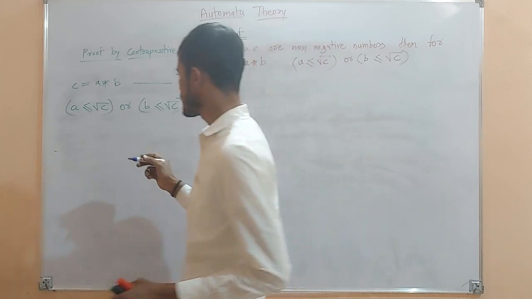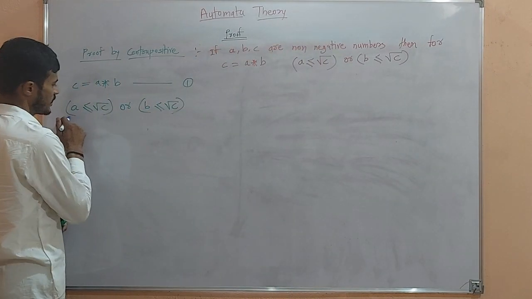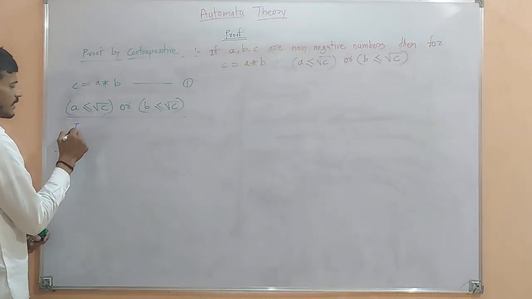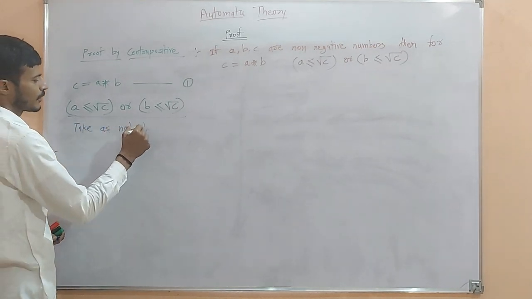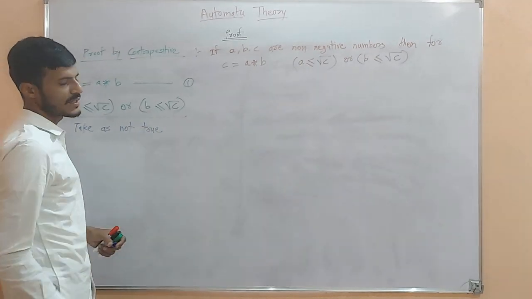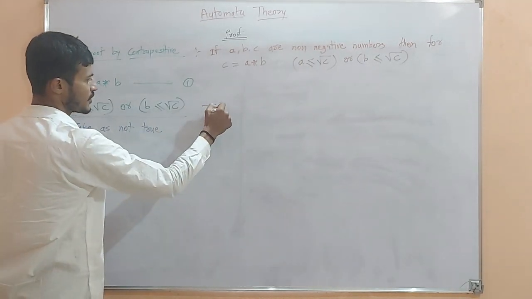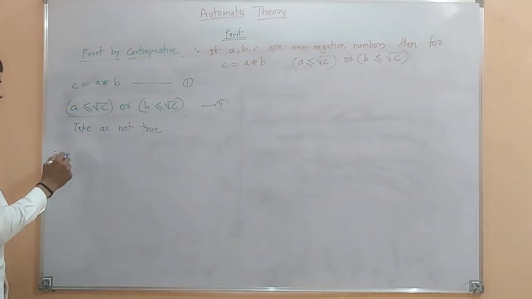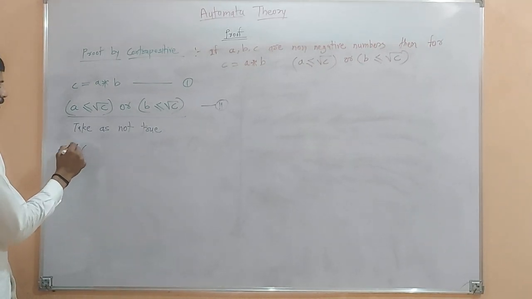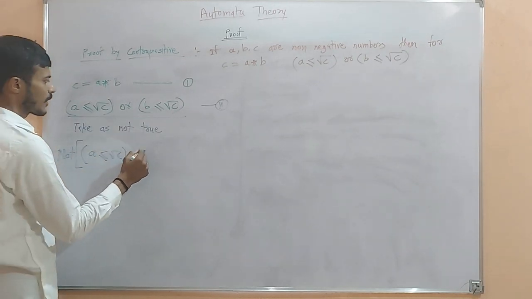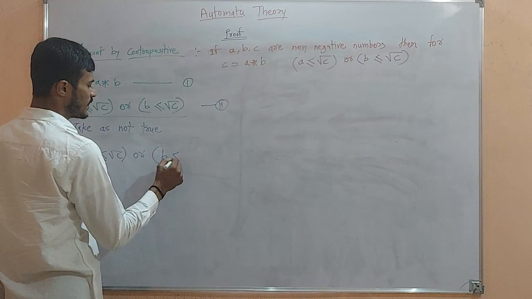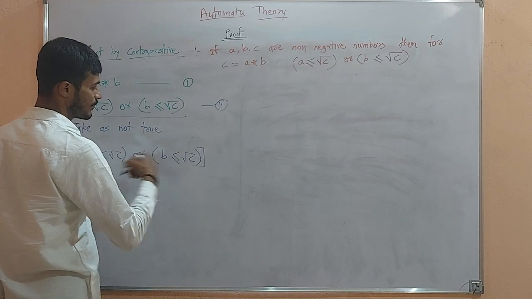So let us take this one as not true. That is equation number 2. You can mention here: not (A is less than or equal to root C, or B is less than or equal to root C).